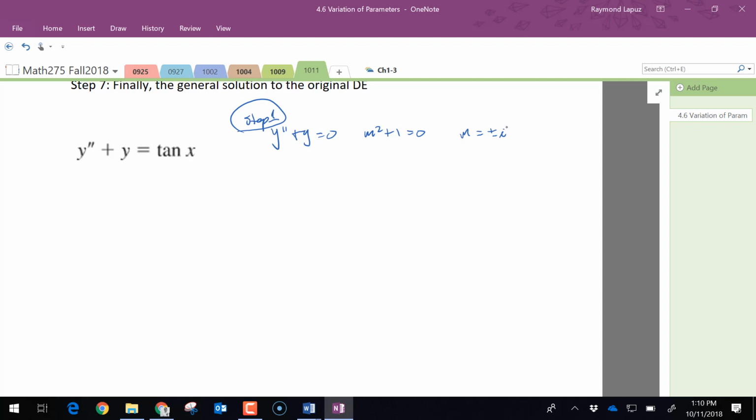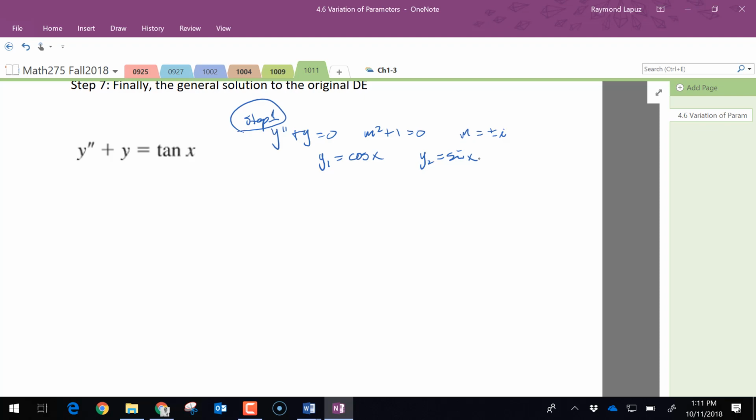I usually like to have the cosine go first and then the sine, but as long as you're consistent with your solutions, it wouldn't matter. The coefficient is just going to be 1. It's 1 times i. So I have just sine x and cosine x. That's it. We're done with the first step.